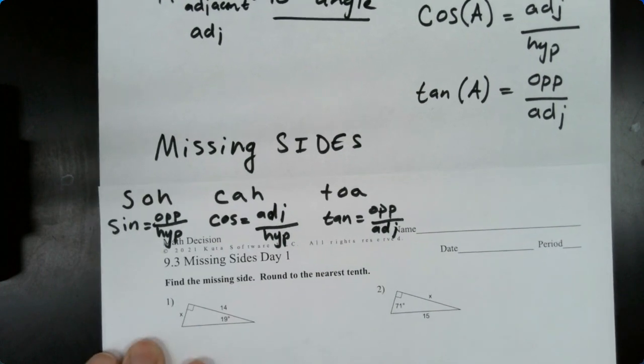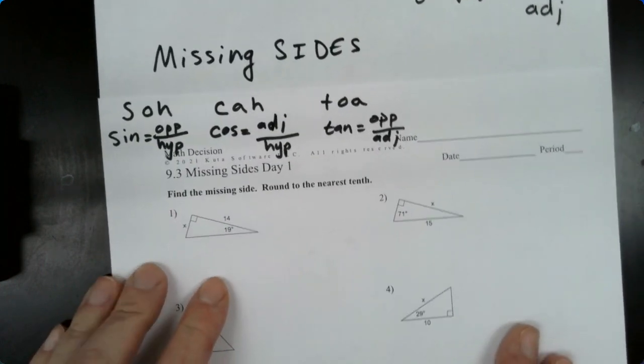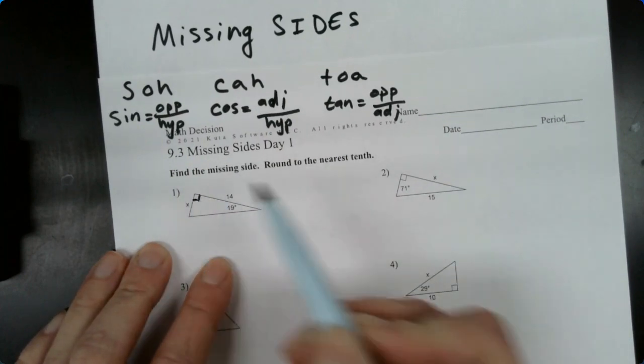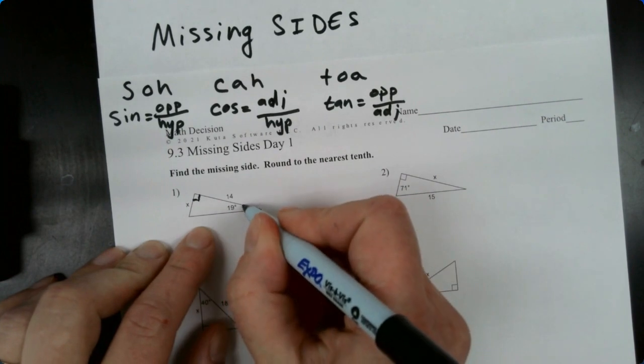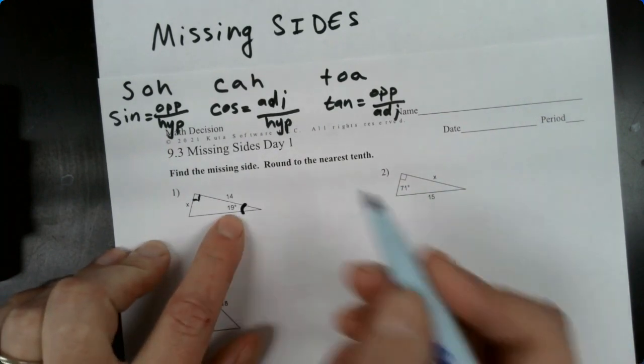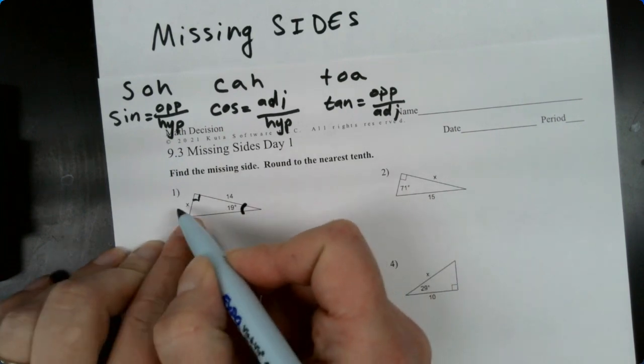Okay, let's just do the first one. We have a 90-degree angle, and we have this angle. So we're going to label the triangle with the angle that we are given. What would x be?